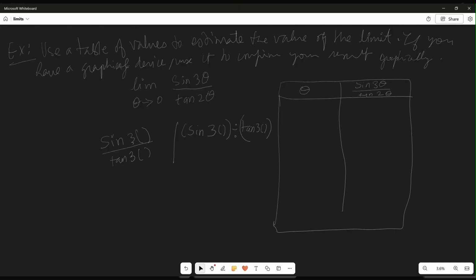Alrighty, let's get some numbers closest to 0 from both ends. So 0.1. And you'll also notice that whether the value is positive or negative, you will get the same values for this function, as this is a trigonometric function.